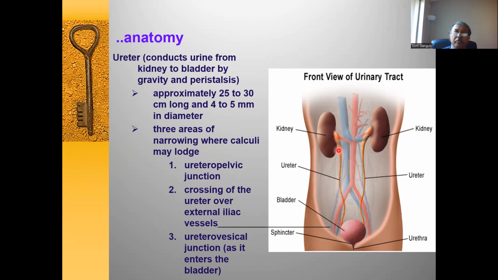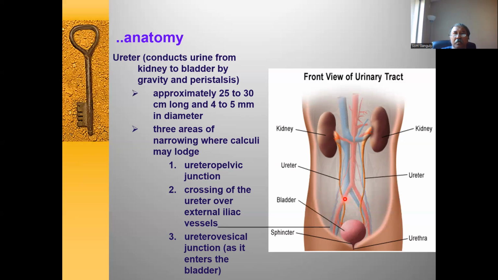There are areas where there are major curvatures of this ureter because of the natural contour. The first curvature, where we get stone lodged, is called the ureteropelvic junction, the ureter and pelvic area junction. That is where you see the major curvature, right here at this level.